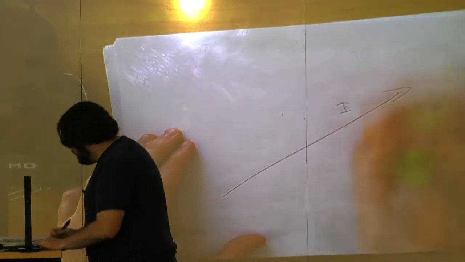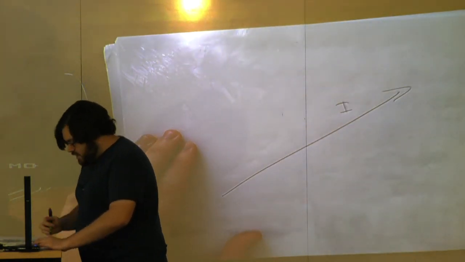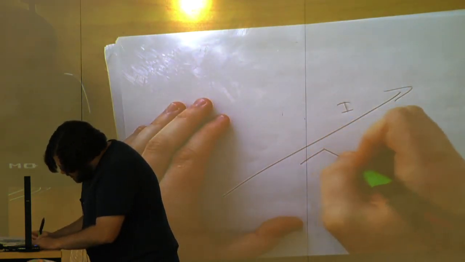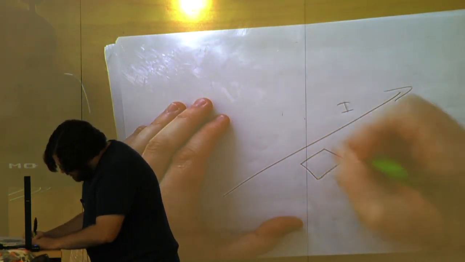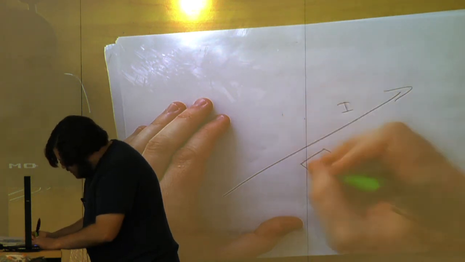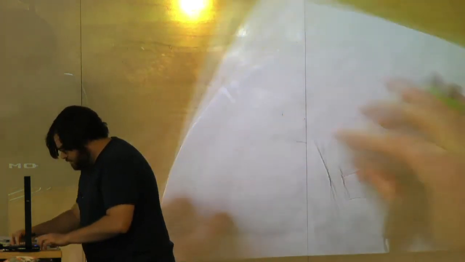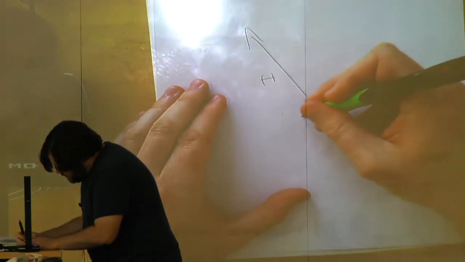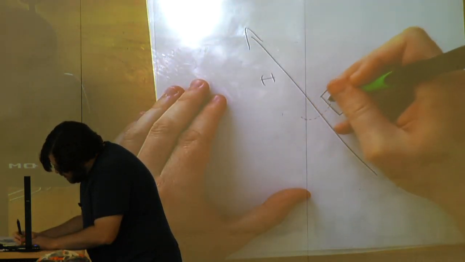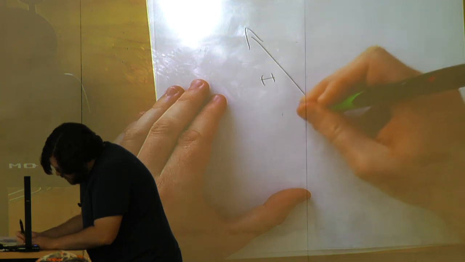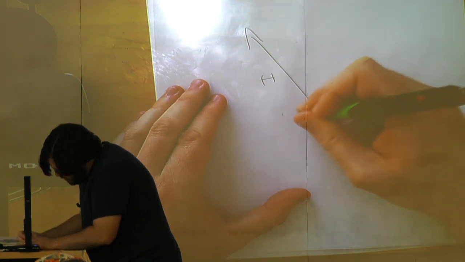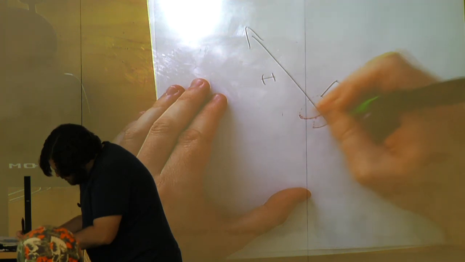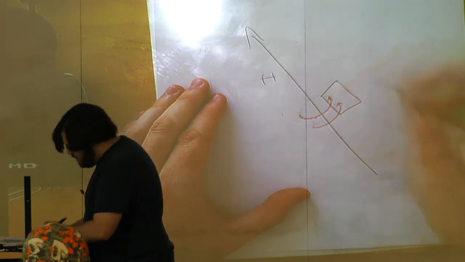It has a current I. And I want to be able to calculate the field through this square. And the field we know is doing this, around the wire.